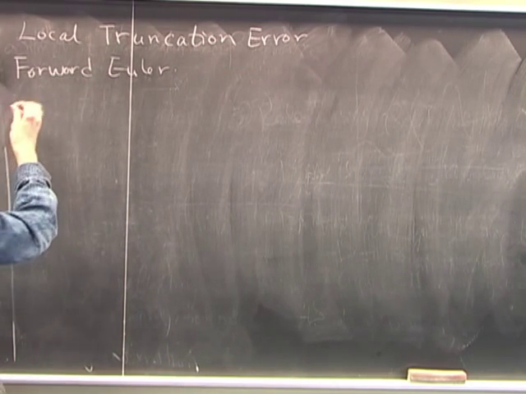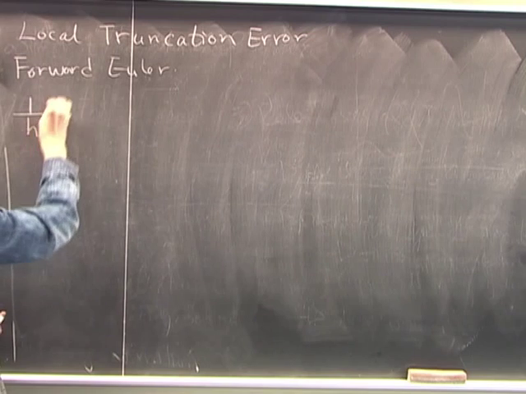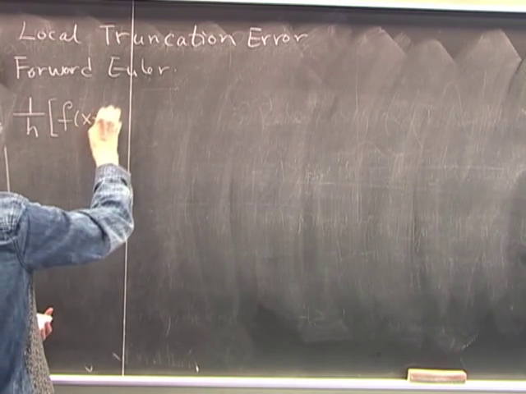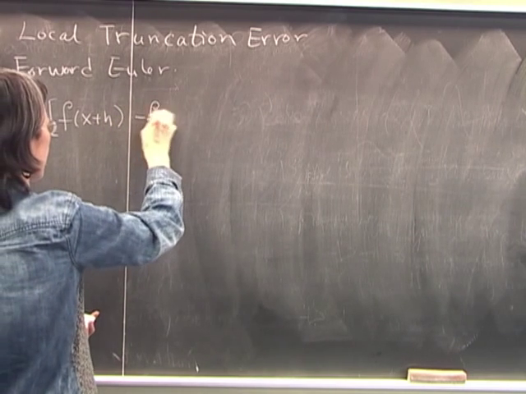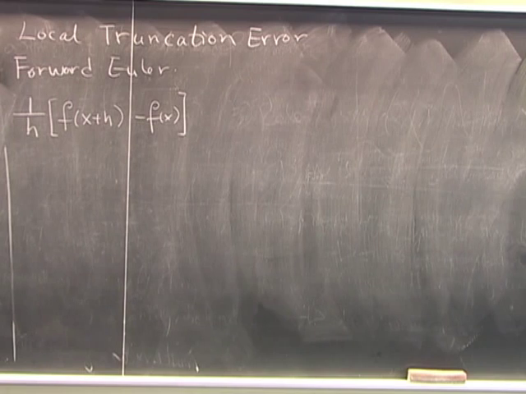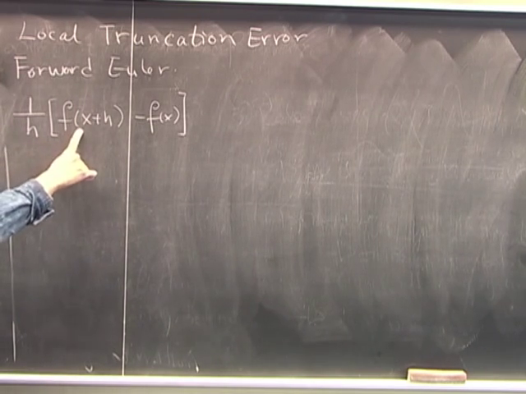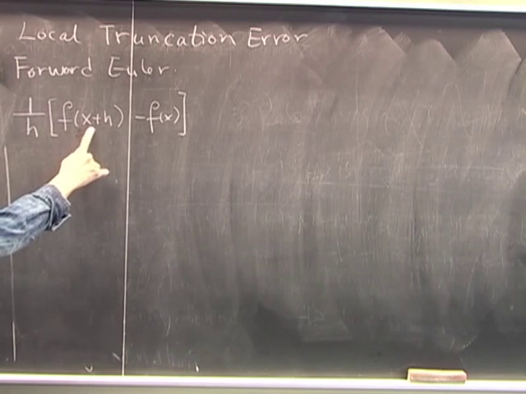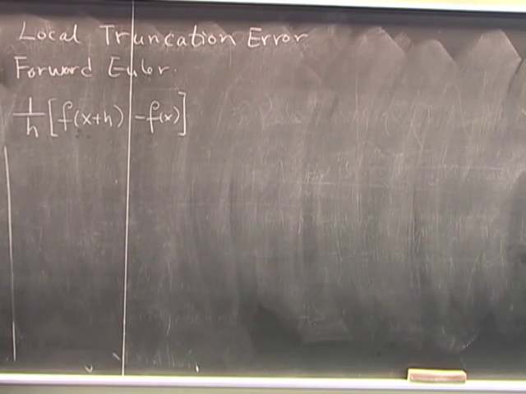Okay, is it clear? I know sometimes this is not so obvious. Okay, so let me write out the forward Euler. So what I will do, I will put in the Taylor series that we just worked out for f of x plus h and put it in there.